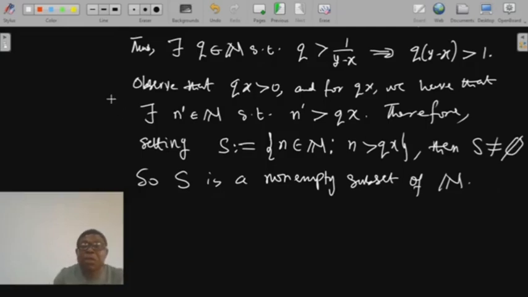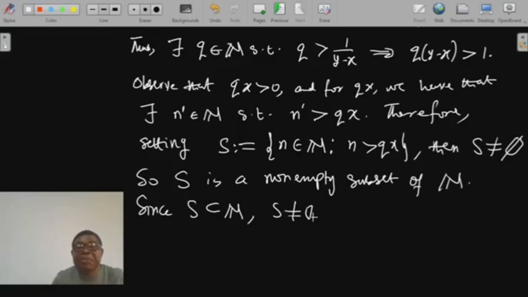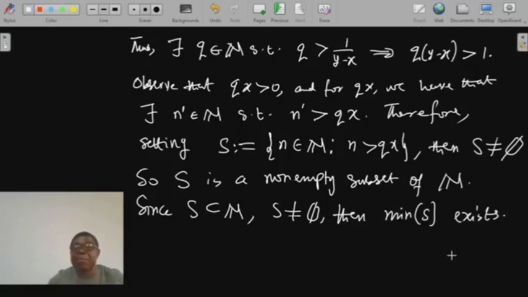So, since S is a subset of the natural numbers, and S is not an empty set, S has a least element.